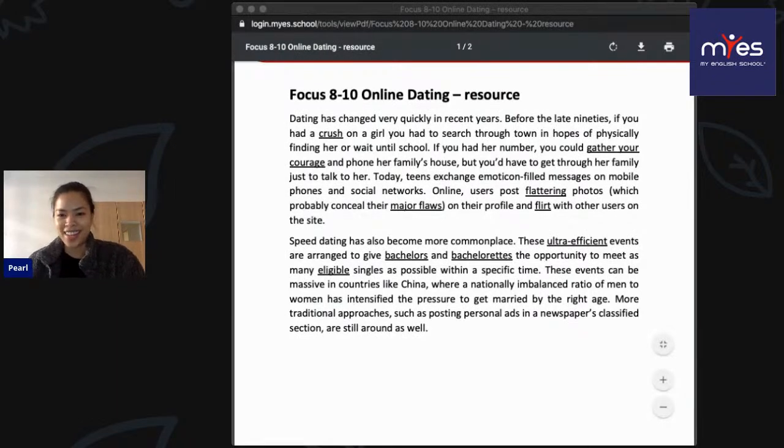Catfish. David is just using so many slang words here. A catfish, to catfish is the verb. To catfish is when you portray yourself as another person.